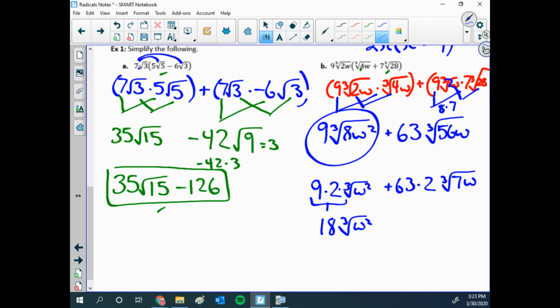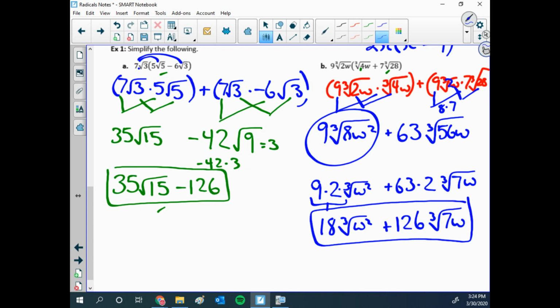So 63 times 2 is going to give me 126. Sorry. Cube root of 7w. And so, pretty ugly answer, but the final answer nonetheless.